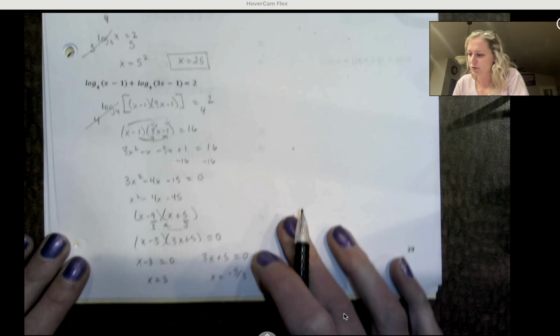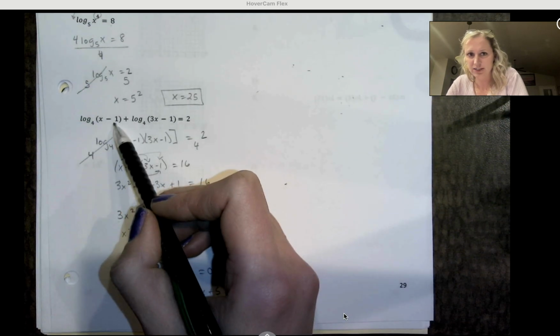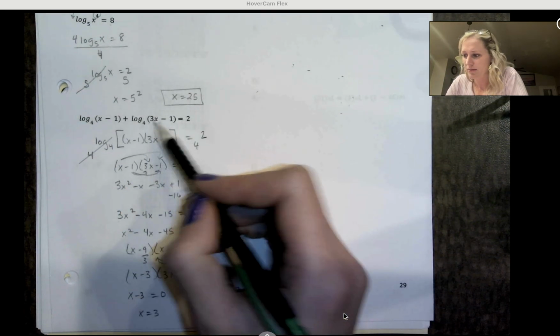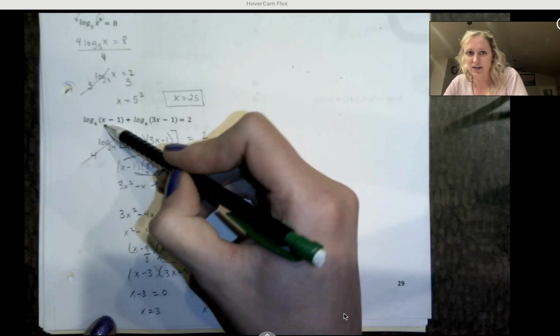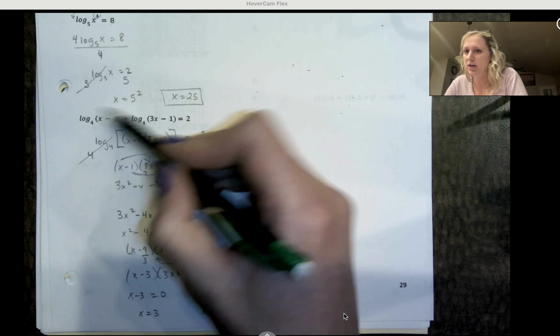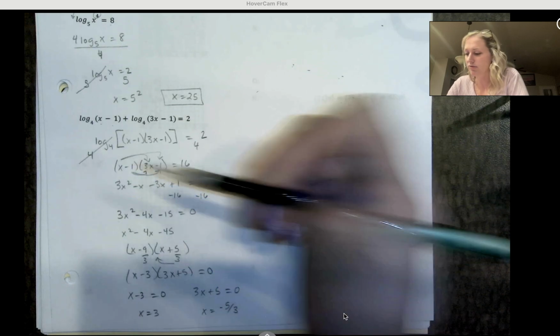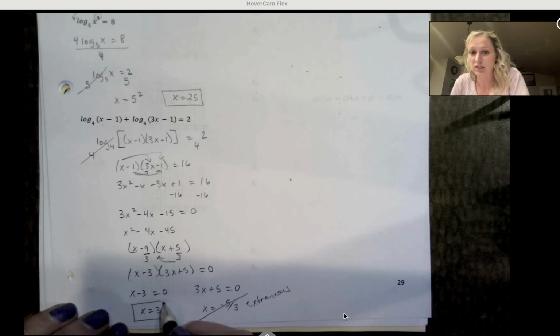So if I were to plug in 3 back in my original, 3 minus 1 is 2, we're still positive. 3 here, 9 minus 1 is 8, we're still positive. Negative 5/3. If I plug in negative 5/3 right here, I get negative 5/3 minus 1, which is still a negative value. Remember, we cannot take the log of anything negative or 0, so this one is extraneous, which means x equals 3 is my only solution.